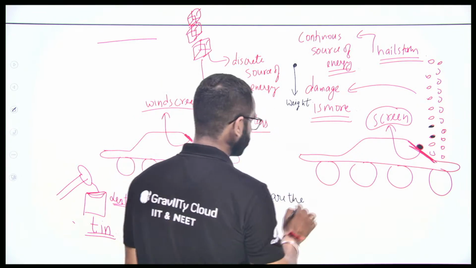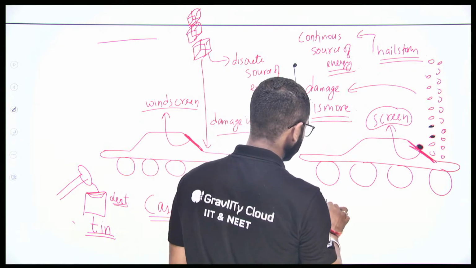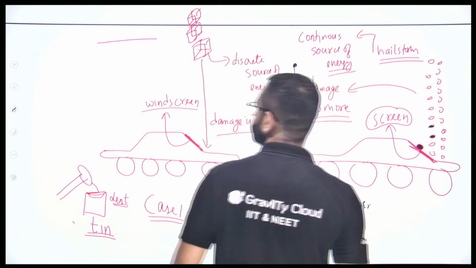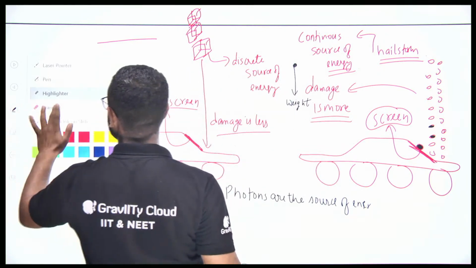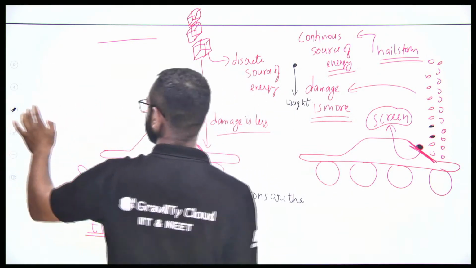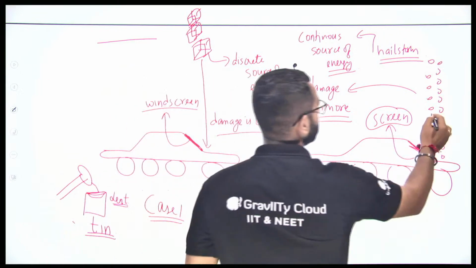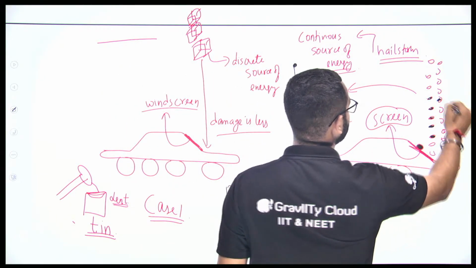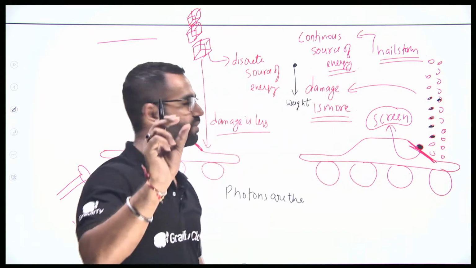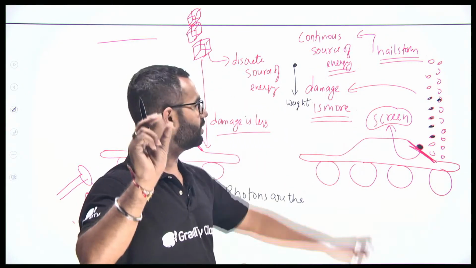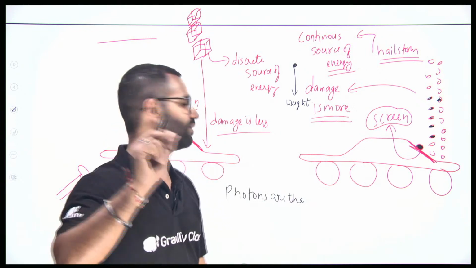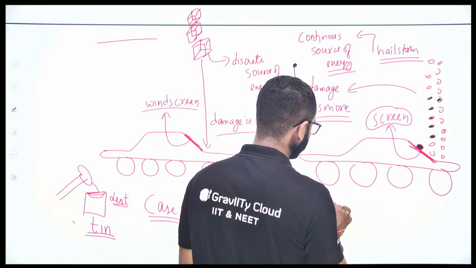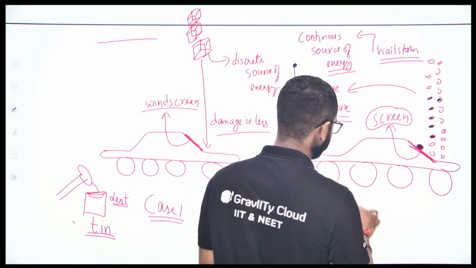Just like you see these hailstones, they come one by one, one, another, another. These are little particles, right? Similarly, photons are the packets of energy or particles of energy.